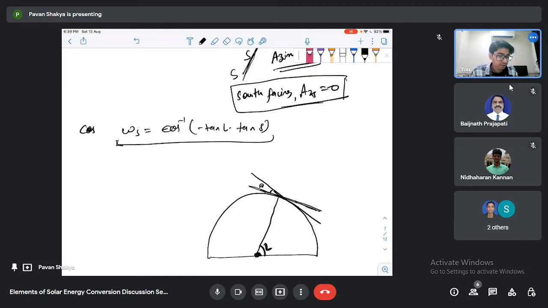From this figure we can see that if we plot one parallel surface with this tilted plane, this is the tilted plane and this is our horizontal plane, then we can find a point where this tilted plane will be the horizontal plane for any location. I think I have to draw it again.